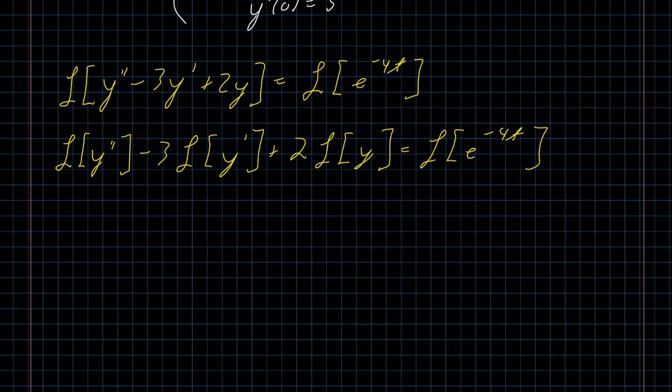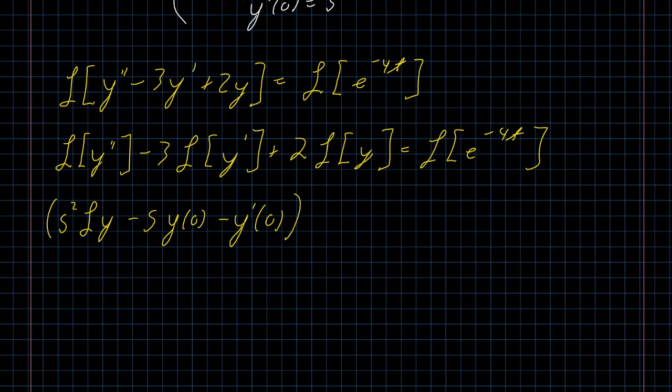The Laplace transform of y double prime in general is s squared times the Laplace transform of y, minus s times y evaluated at 0, minus y prime evaluated at 0.